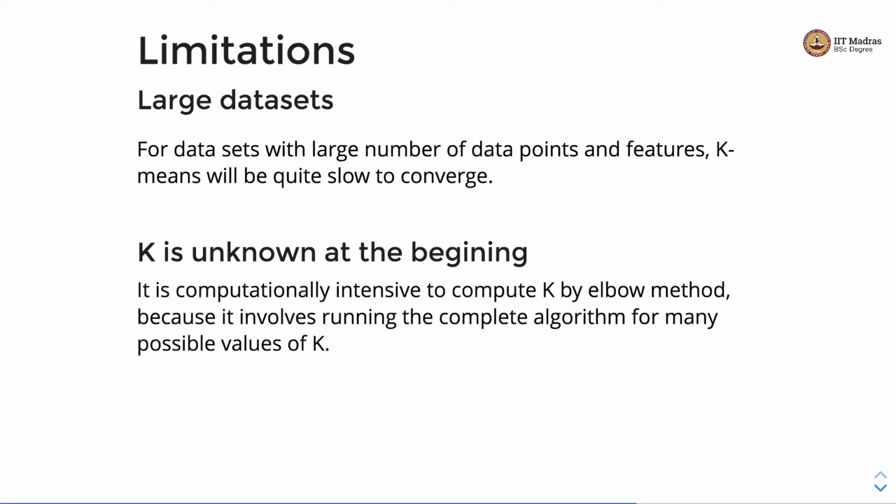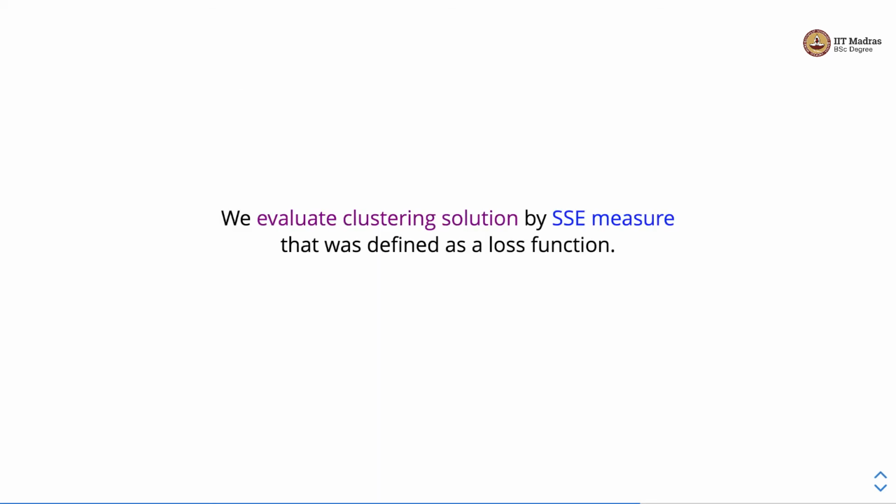So it is computationally intensive to compute k by the elbow method, which we will see shortly, because it involves running the complete algorithm for many possible values of k. Typically, since k is not known, we try different values of k, and each value of k can take quite a long time to run. Finally, we evaluate the clustering solution by the SSE measure, and SSE was defined as a loss function.